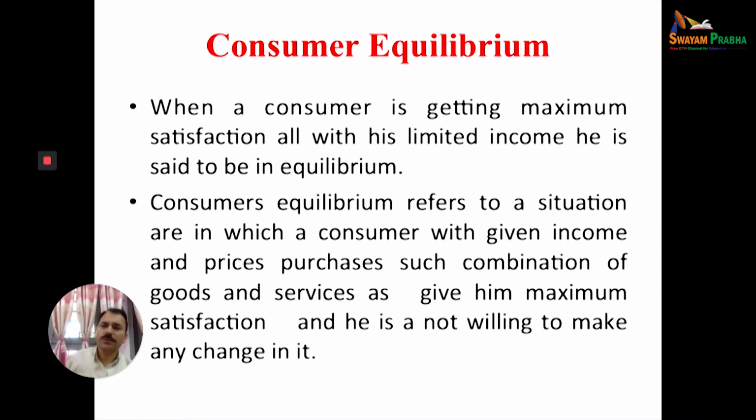Consumer equilibrium refers to the situation in which a consumer, with his given income and the prices, purchases such a combination of two goods which gives him the maximum satisfaction. This is called consumer equilibrium, and he doesn't want to change that position.